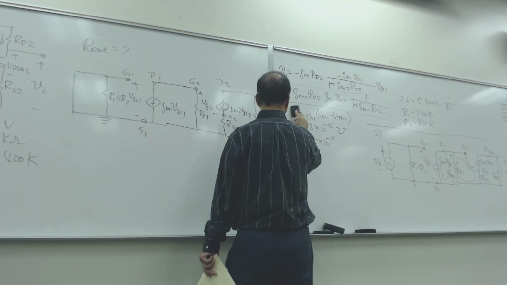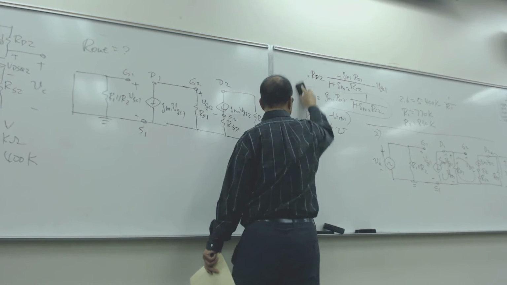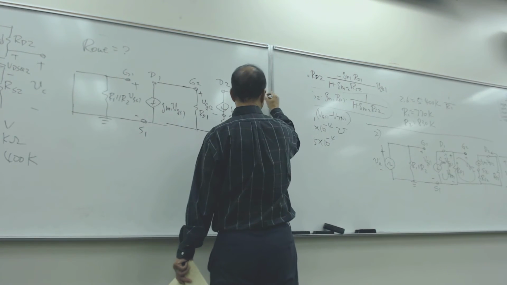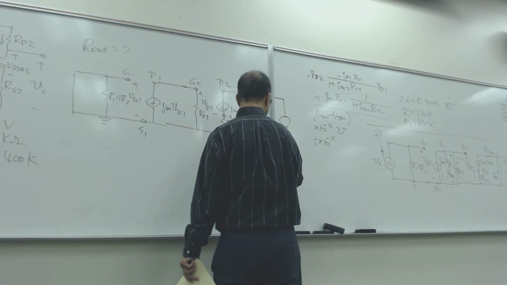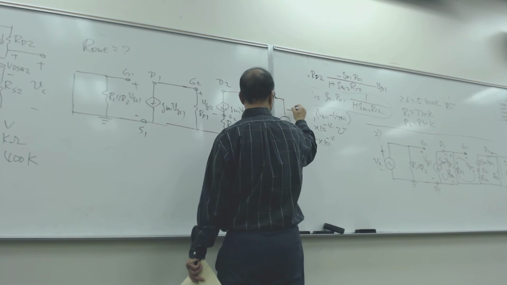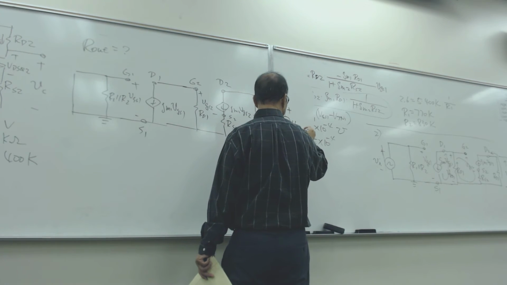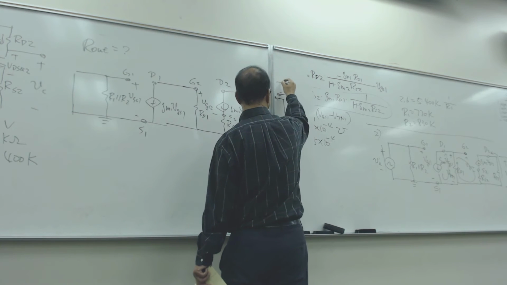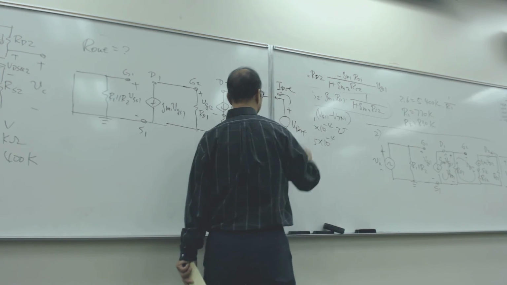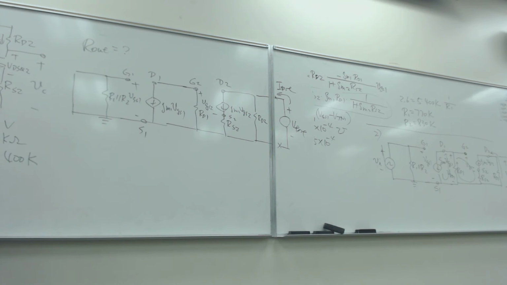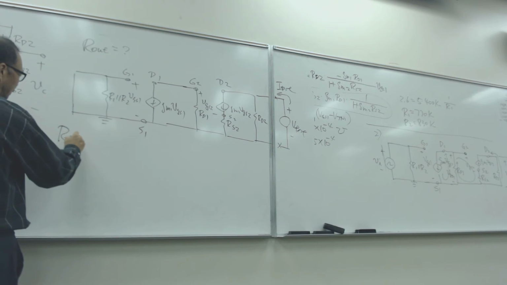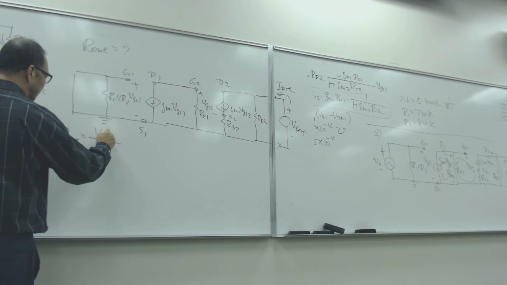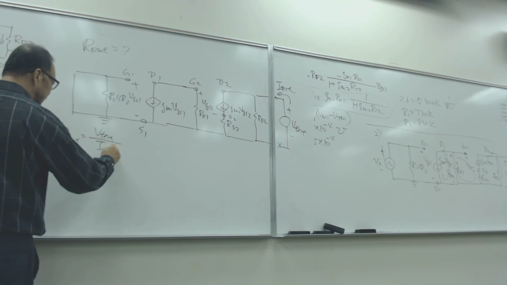Right? Now, finally, at the end, you put a what? A test voltage, right? So this is V test, and that's I test. So R out is V test over I test. That's it.